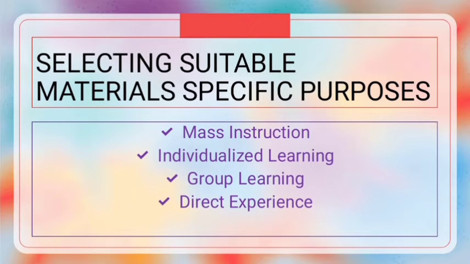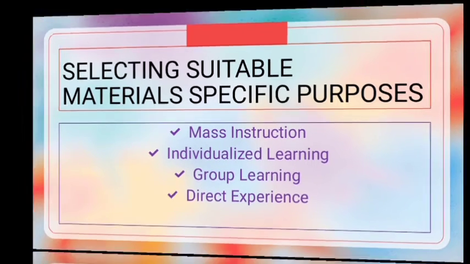And what basic instructional strategy or strategies do you think would be most suitable for achieving these objectives or outcomes with the people you will be working with, taking account of all relevant factors? So, there are suitable materials for specific purposes. First is mass instruction, individualized learning, group learning, and direct experience.